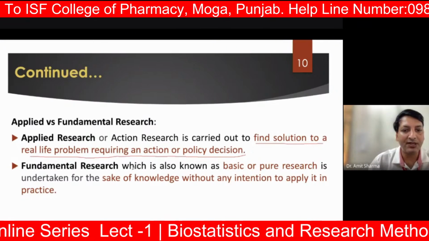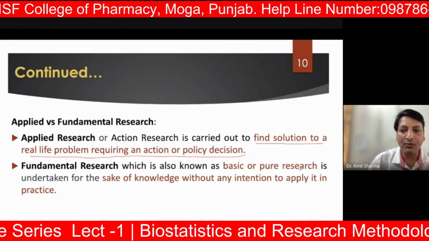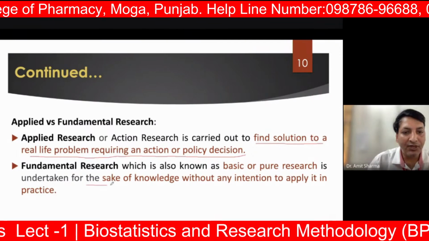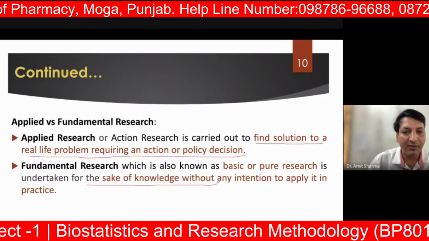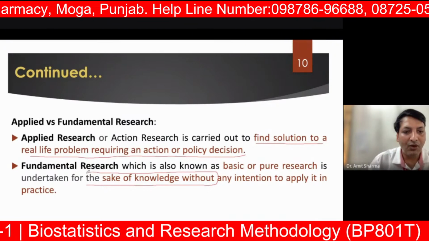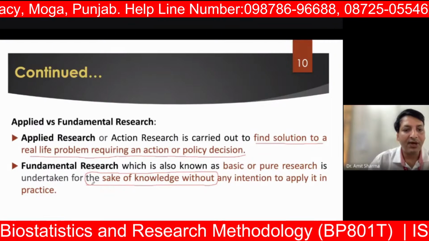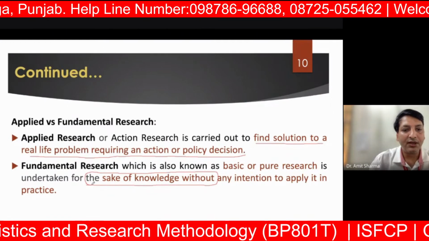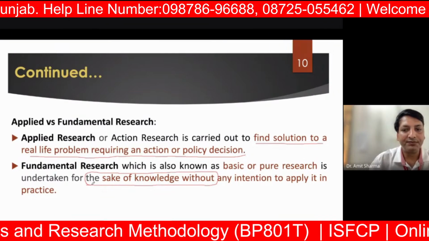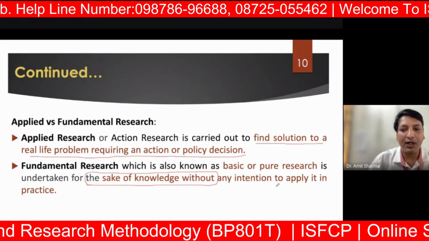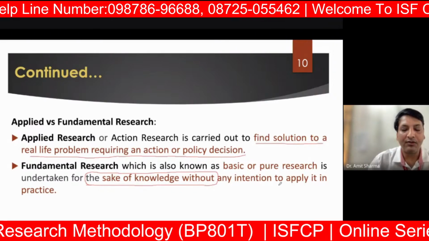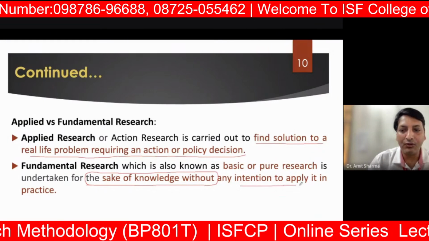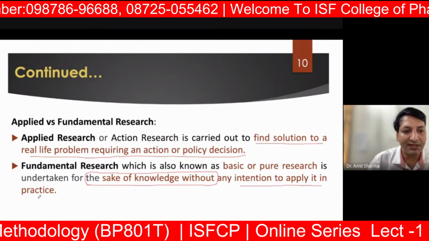And fundamental research is also known as basic or pure research. It is undertaken only for the sake of knowledge. That means you are not going to find a solution, it is just carried out for the sake of knowledge. Clear? We are not bothered about what the solution will be, and we do not intend to apply it in practice.